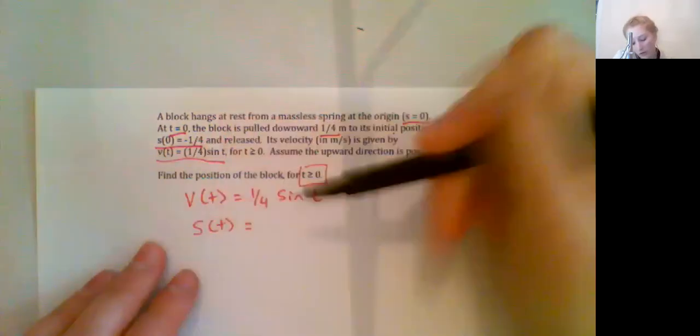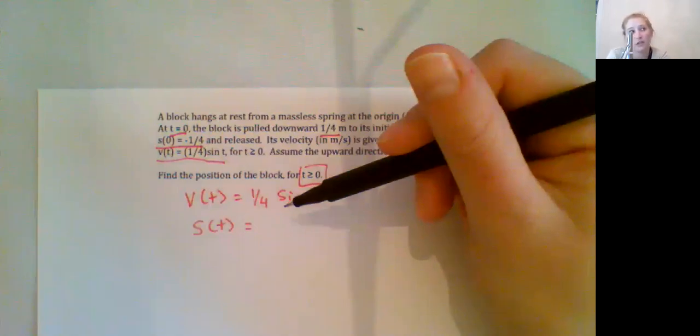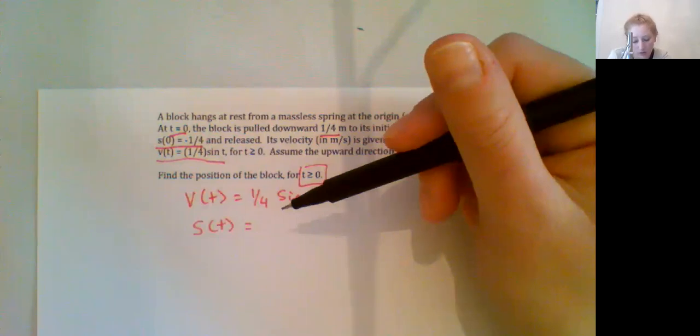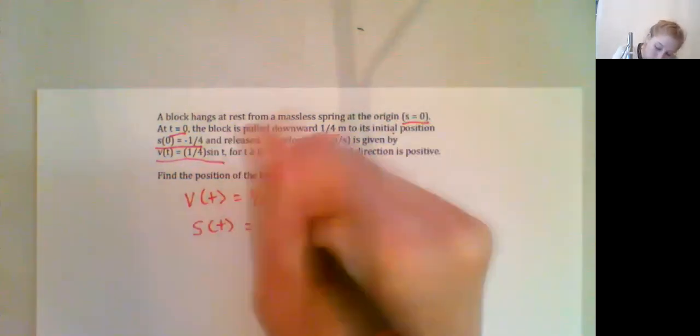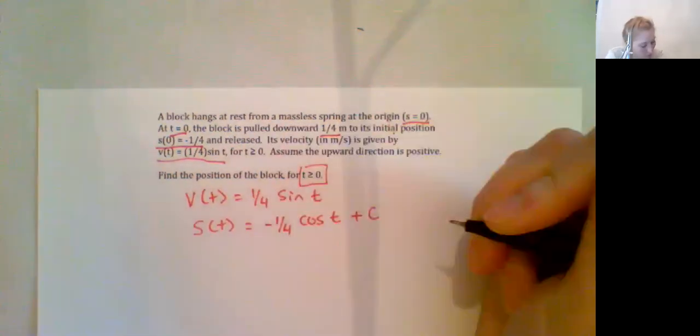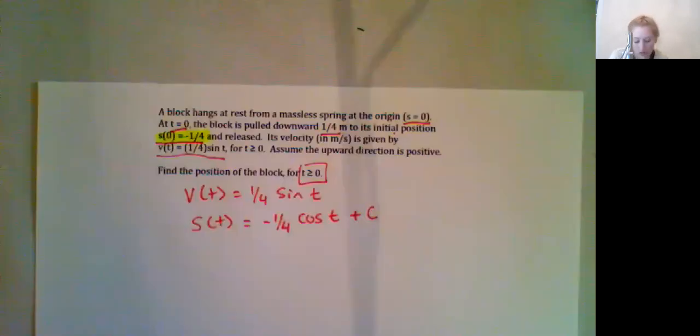So I know that in order to get sine from the derivative, I had to have cosine, but the derivative of cosine is negative sine. So I know I'm going to need a negative. So if I integrate this, I'm going to get -1/4 cosine t plus c. Okay, so we can solve for c by plugging in 0 for t and setting it equal to -1/4.